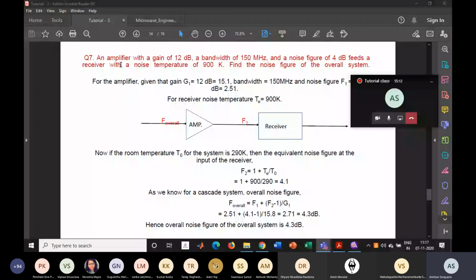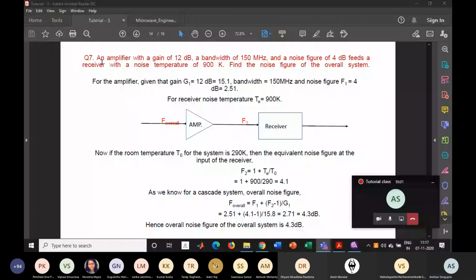An amplifier with a gain of 12 dB, a bandwidth of 150 megahertz, and a noise figure of 4 dB feeds a receiver with a noise temperature of 900 K. Find the noise figure of the overall system.